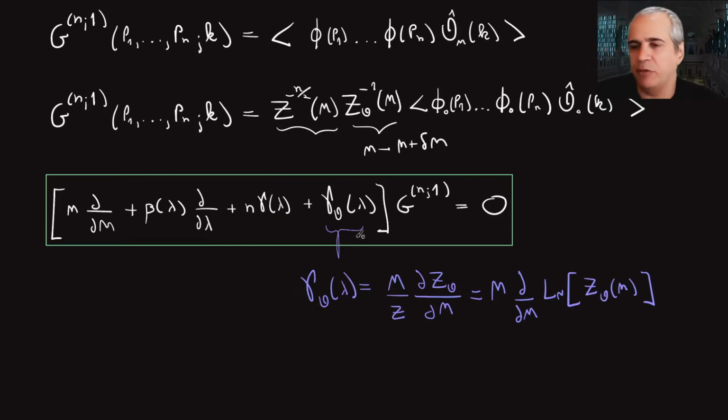Now, there's one delicate thing that you have to be careful of once you allow the theory to have more than one anomalous dimension. Sometimes operators have exactly the same quantum numbers.